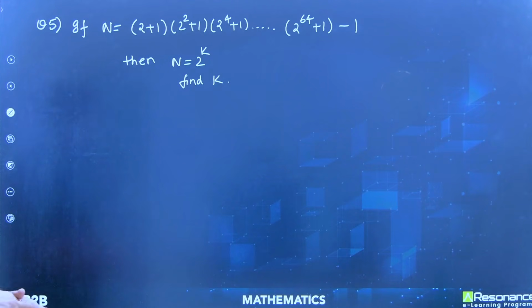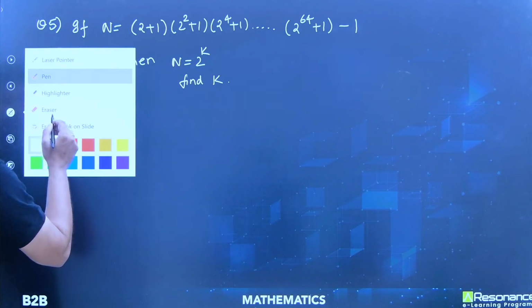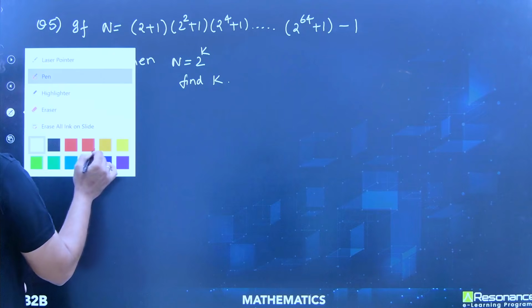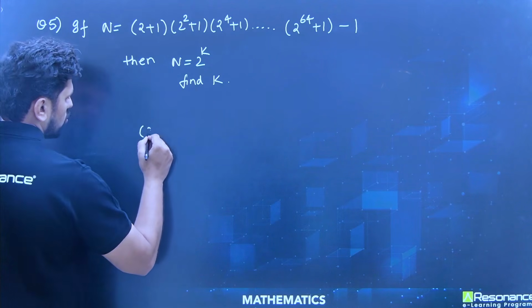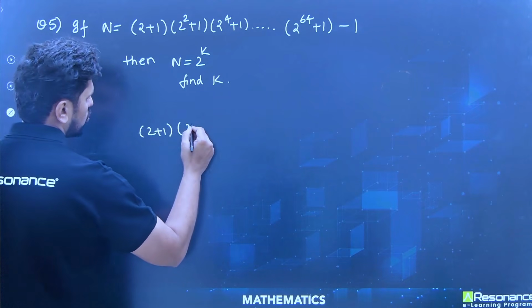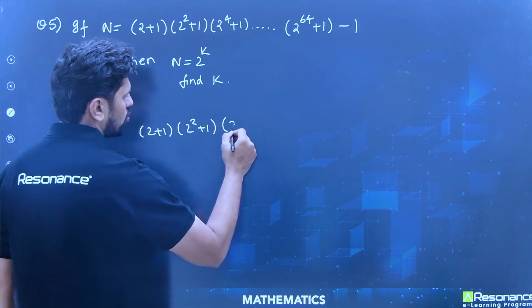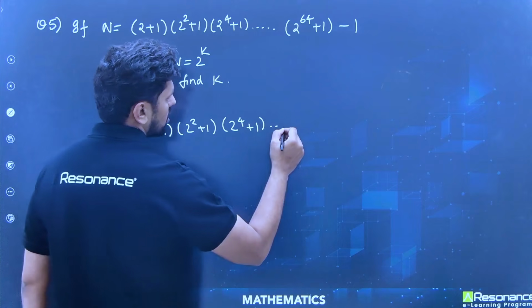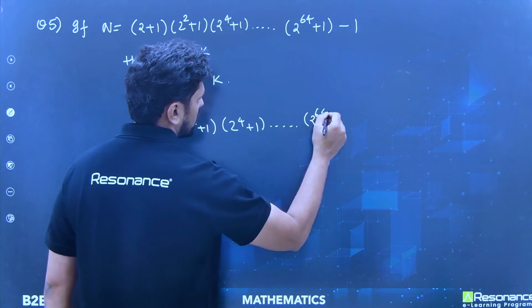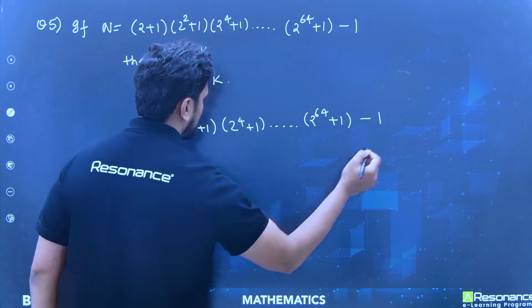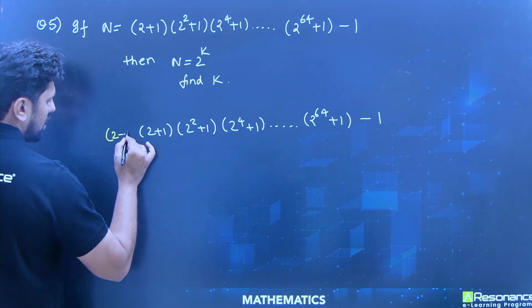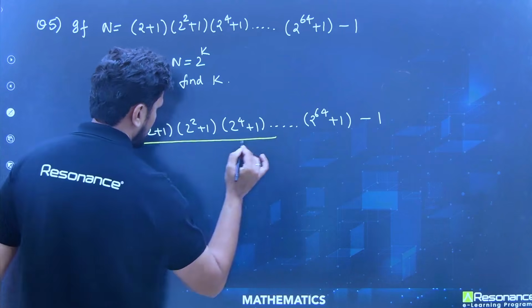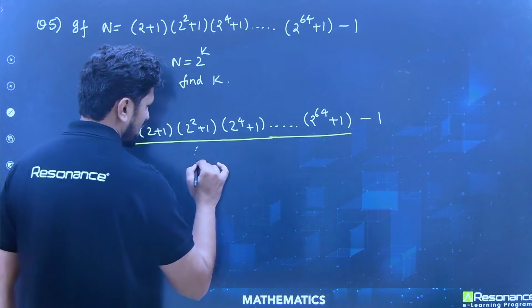Mithul 128. Okay. So see, this is a very good question. In this, the question is given like this: 2 plus 1 into 2 square plus 1 into 2 to the power 4 plus 1, and it will be 2 to the power 64 plus 1 and minus 1. So what I will do here is, I will just multiply it by 2 minus 1 and divide it by 2 minus 1.